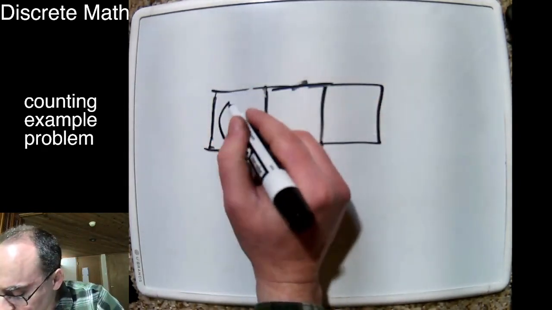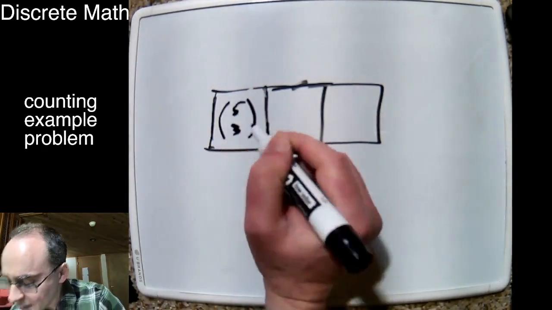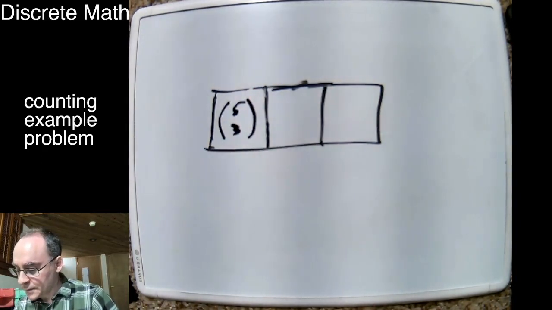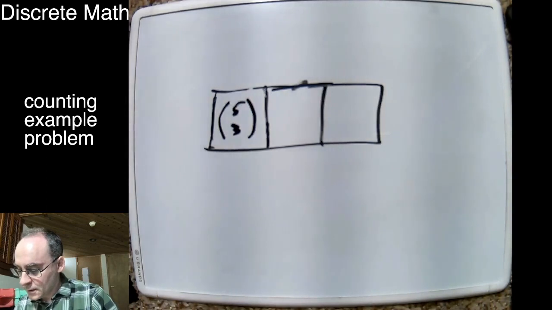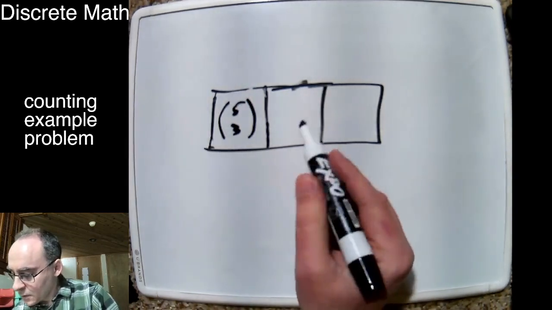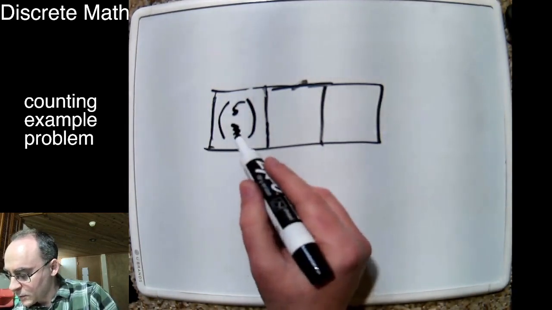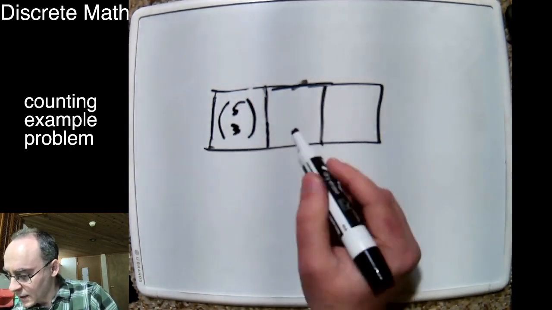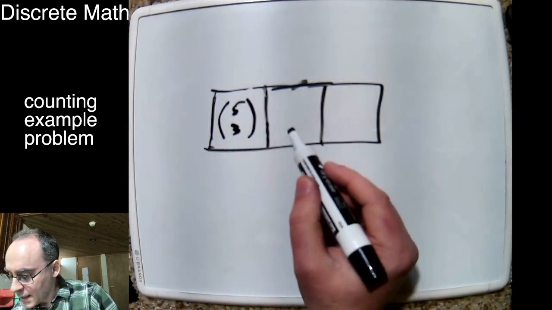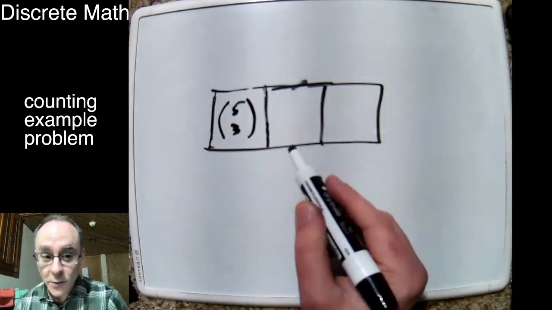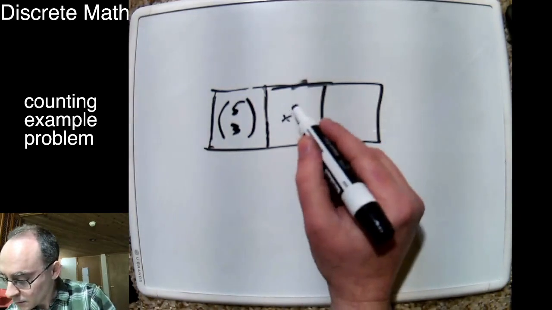So I've got 5 choose 3 possibilities for the number of balls I've got in that box. And then, okay, next box. I've put 3 balls in the first box, and I've got this many ways of doing that. Now I have 2 balls left, so I really only have 2 choices here.